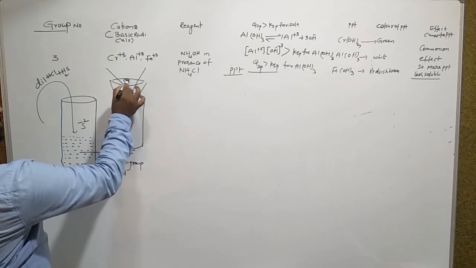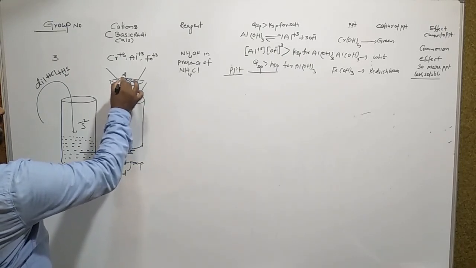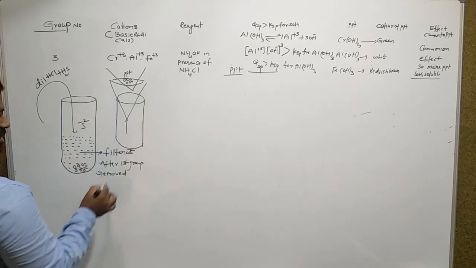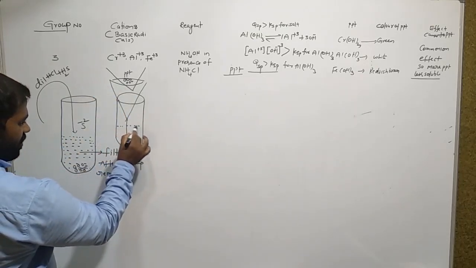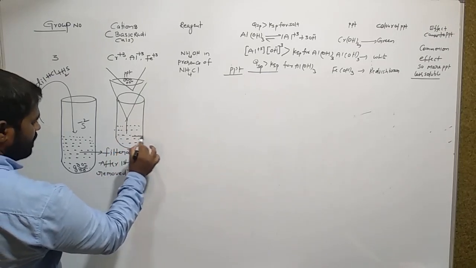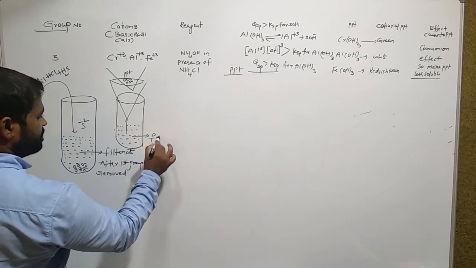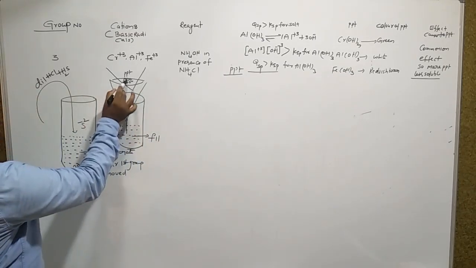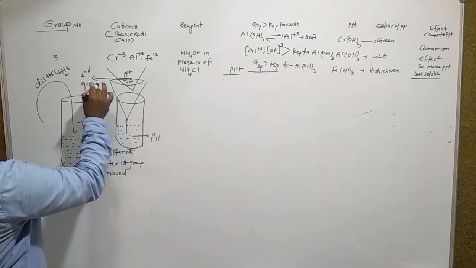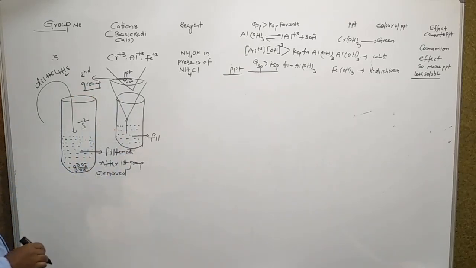Now this precipitate is separated in the filter paper. Now in the test tube we get filtrate again. The second group cation, this is the second group, separated by the filtration process.